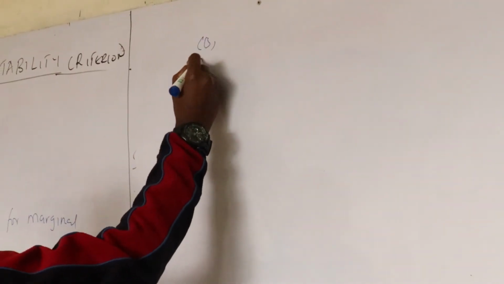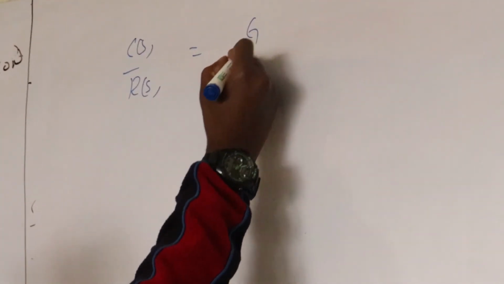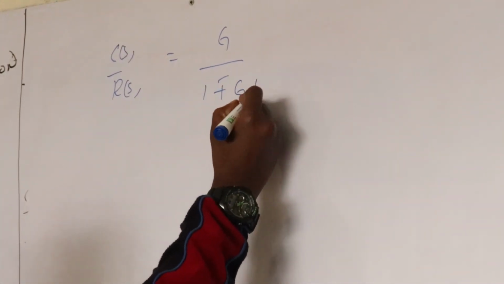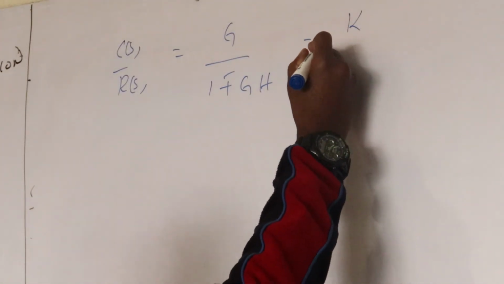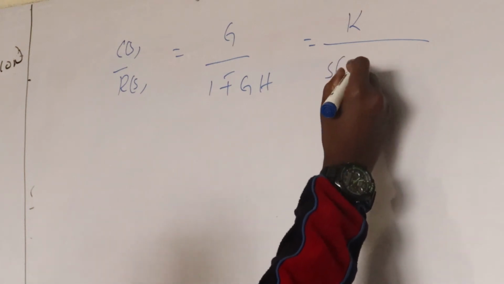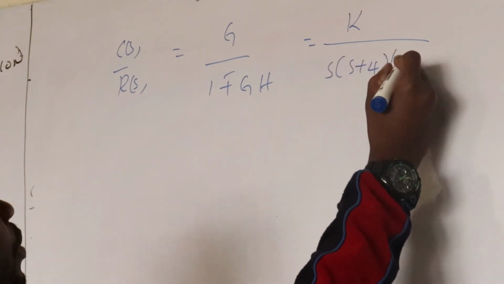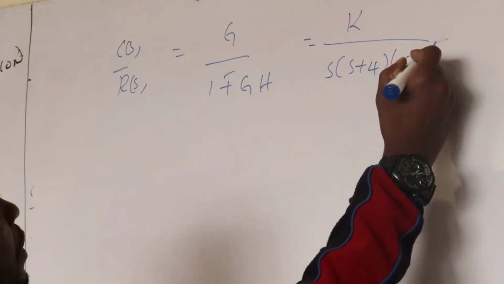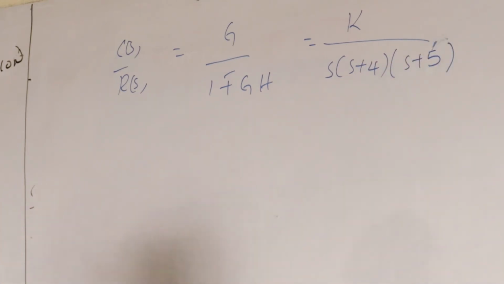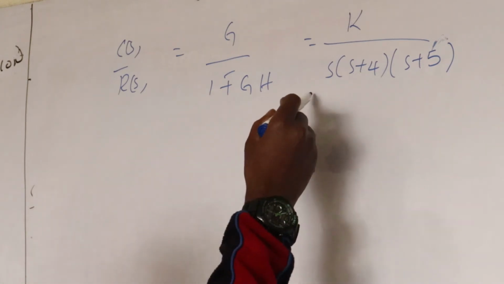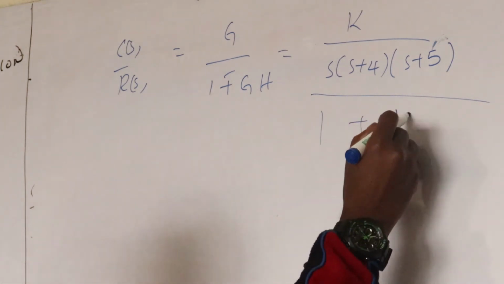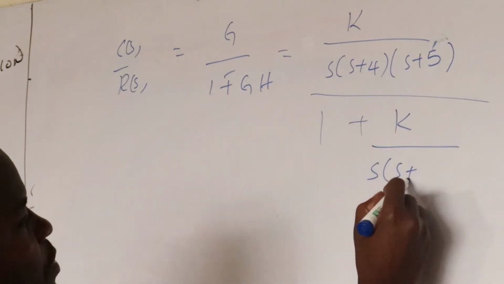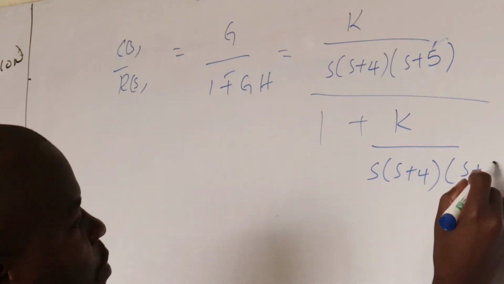So C of S over R of S will be given by G over 1 plus GH, which is simply K over S into (S plus 4) into (S plus 5), all over 1 plus K over S into (S plus 4), (S plus 5).